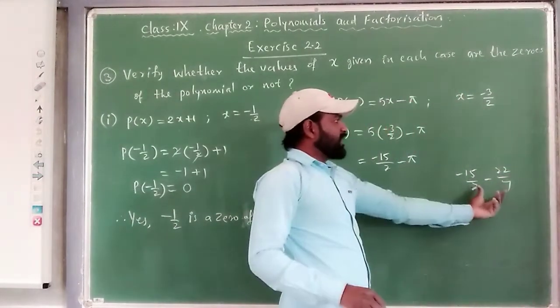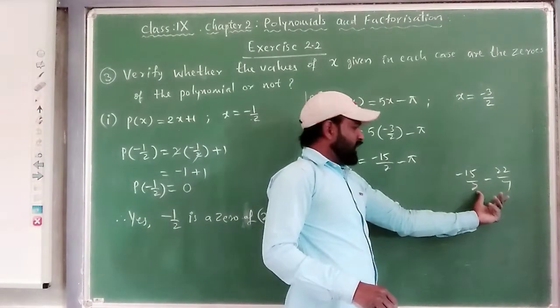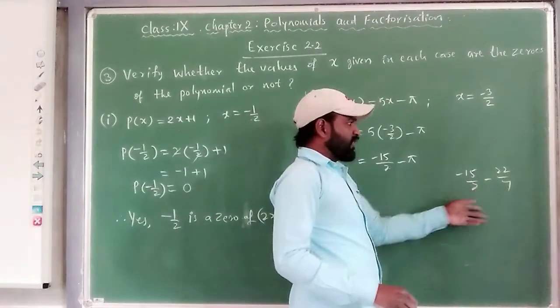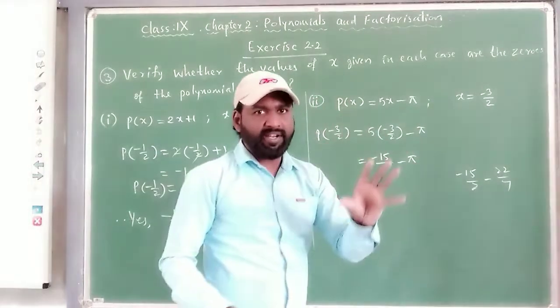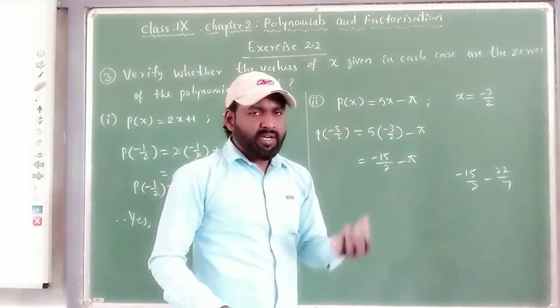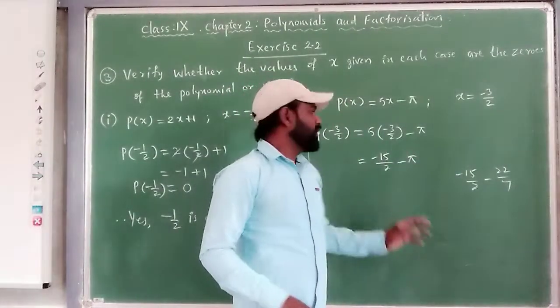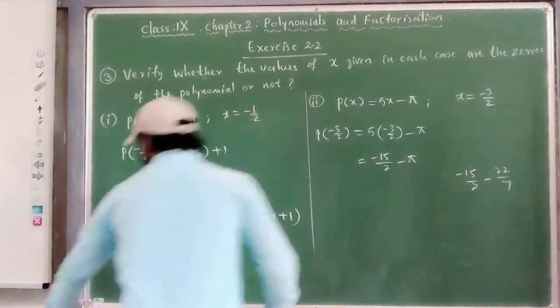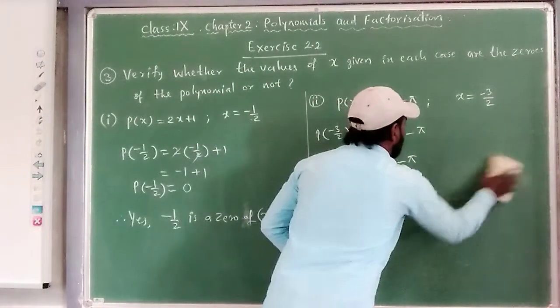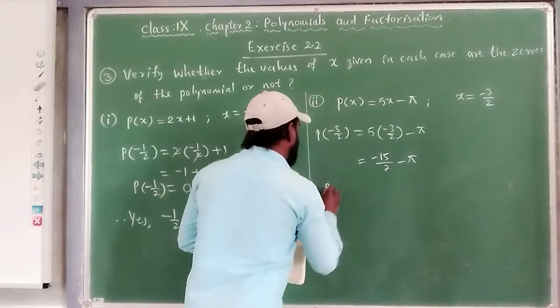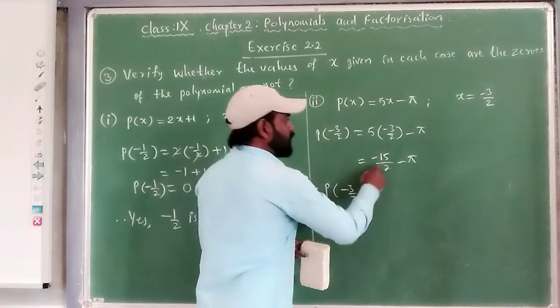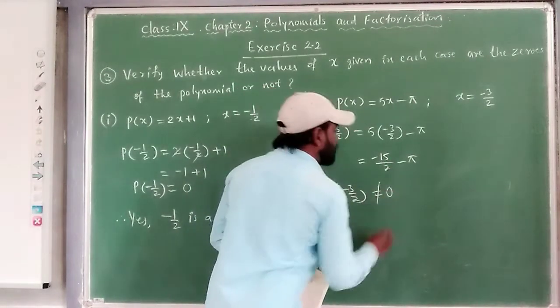So here the denominators are what? It is 2, it is 7. If you go for the simplification, you will get a fraction or a rational number, but it will never become 0. That means it is not equal to 0. So P of minus 3 by 2, this value is not equal to 0.